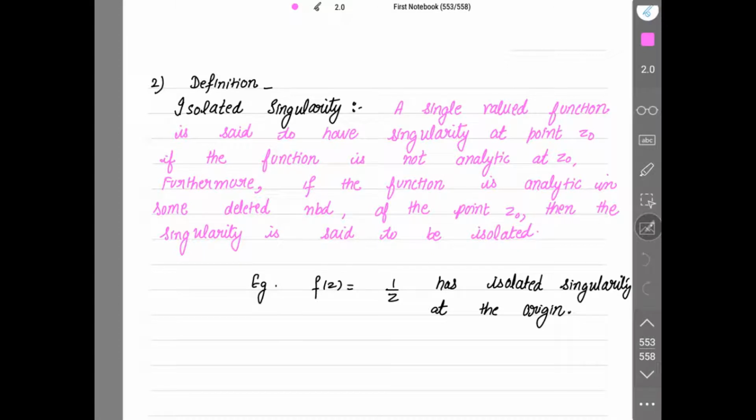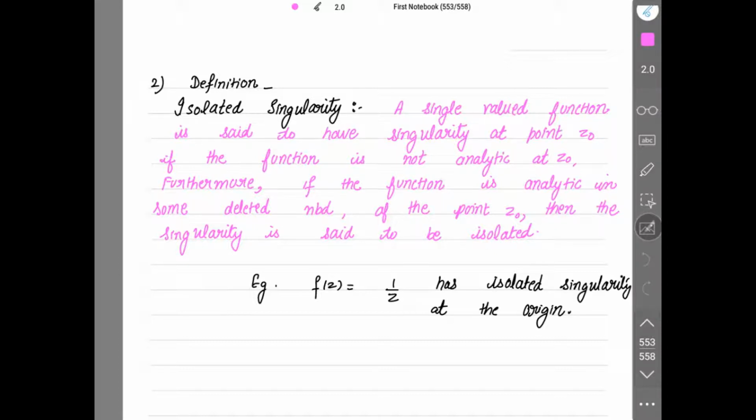Then there is a definition for the isolated singularity. A single valued function is said to have a singularity at point z0 if the function is not analytic at z0. That is a singularity of f(z). Furthermore, if the function is analytic in some deleted neighborhood of the point z0, then the singularity is said to be an isolated singularity.